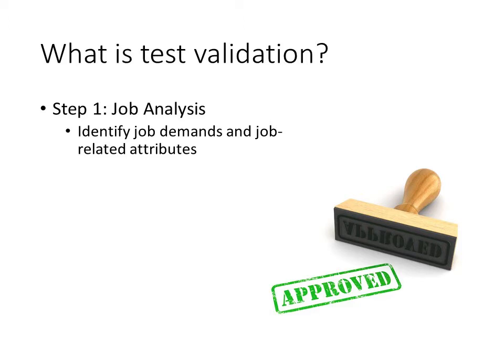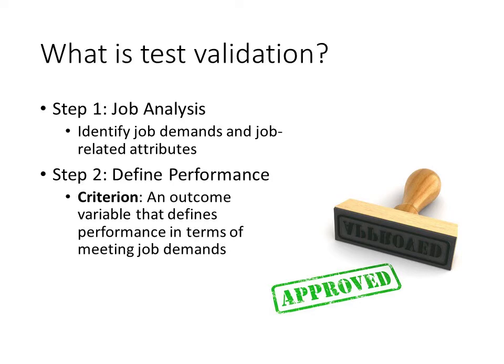What does high performance look like? What does it mean to be successful in this job? In doing so, we define the criterion, the outcome variable like job performance, organizational commitment, productivity, creativity, and so on. Variables that define performance for this job.